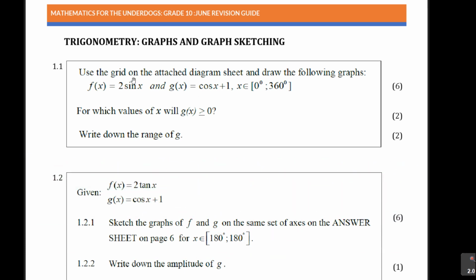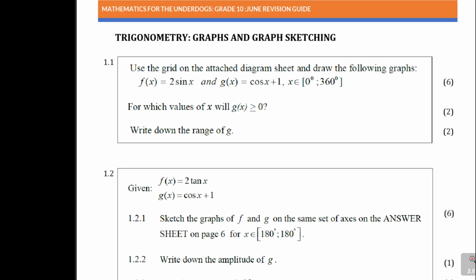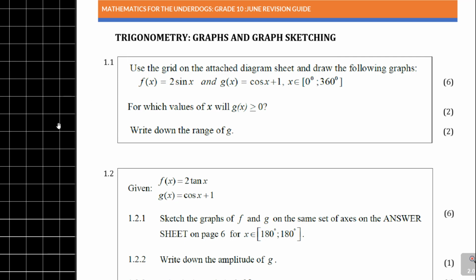It says use the grid on the attached diagram sheet and draw the following graphs. They are giving you this, but I'm going to draw it because I didn't bring the grid here. They want us to draw 2 sin x and cos x plus 1. Guys, when you draw these graphs, just rely on your calculator.